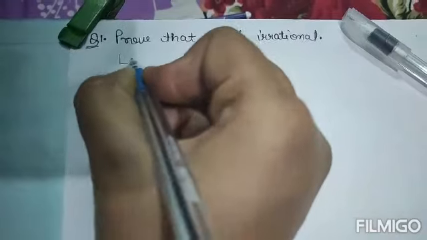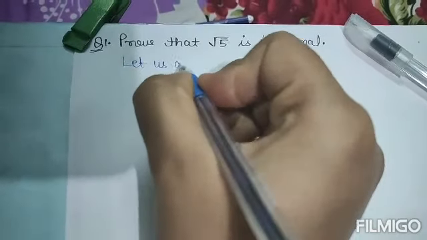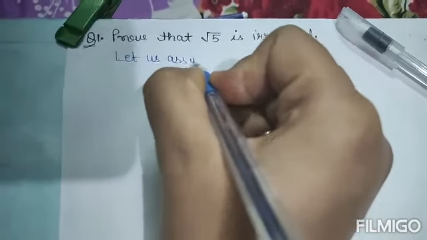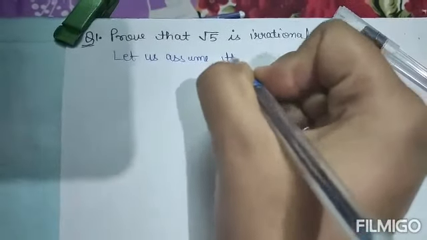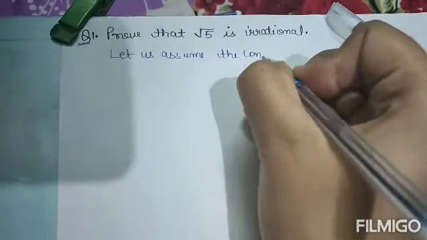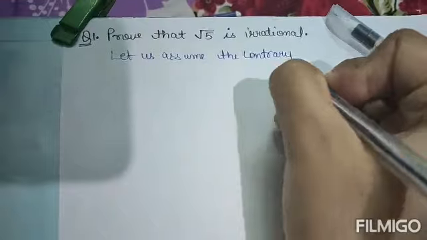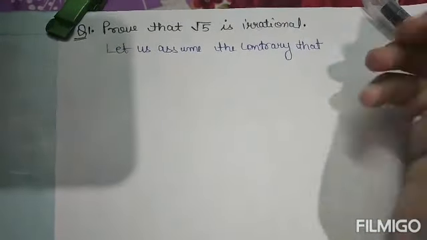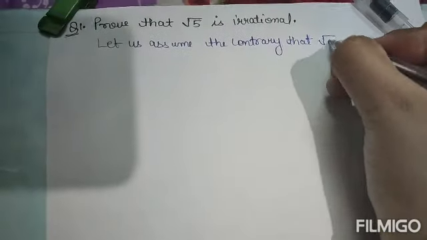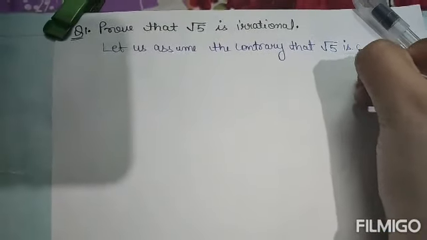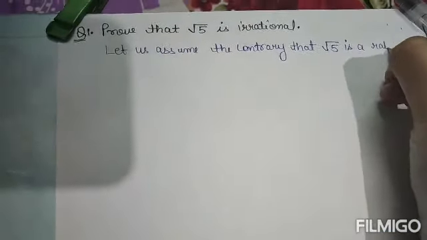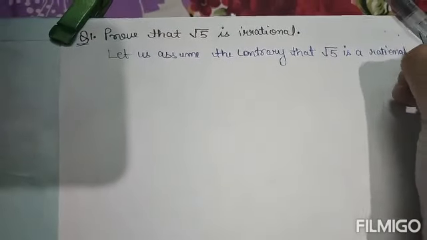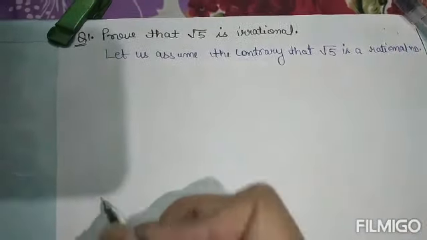So let us assume the contrary that root 5 is a rational number.